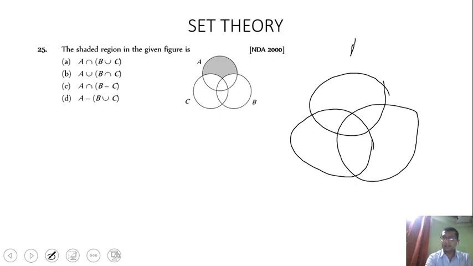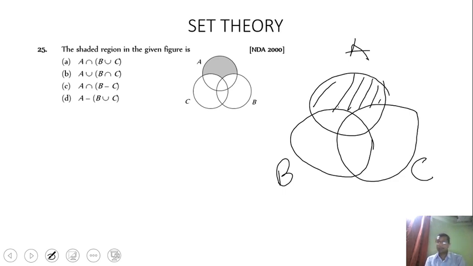This is set A, this is B, this is C. The shaded part is purely A. Purely A means here some elements of B are not shared, as well as C is also not shared here. The shaded region is purely A, so I write A. And the remaining elements are eliminated, so I take it as a minus.